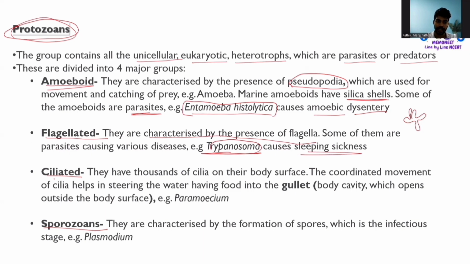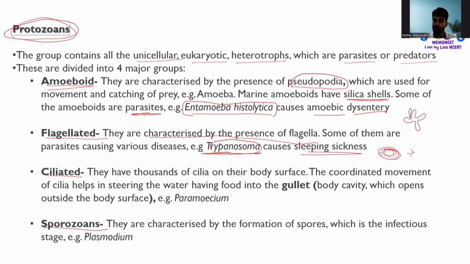Then we have the third major group, ciliated protozoans. As the name itself indicates, on the surface of the body you can observe numerous cilia, even thousands of cilia. Together they coordinate and help in movement in the water current, and they even help to catch the prey.